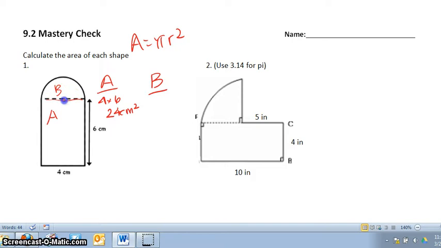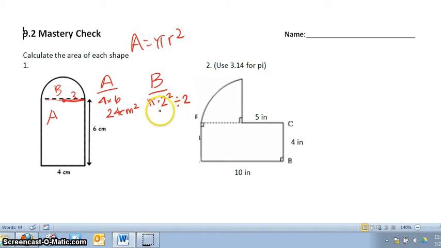Remember, the radius goes halfway across the circle. So if the whole way across the circle, which is labeled down here as 4, then halfway across will be 2 centimeters. So I'm going to take pi times 2 squared, because 2 is my radius. And then I'm going to divide that area by 2 after I find it.